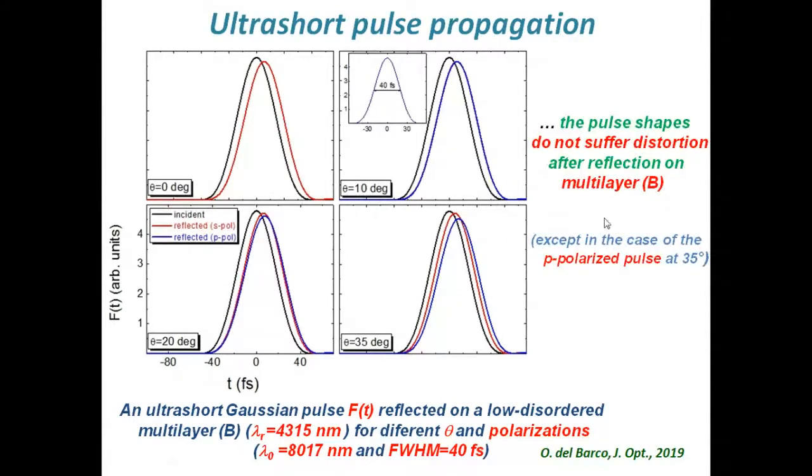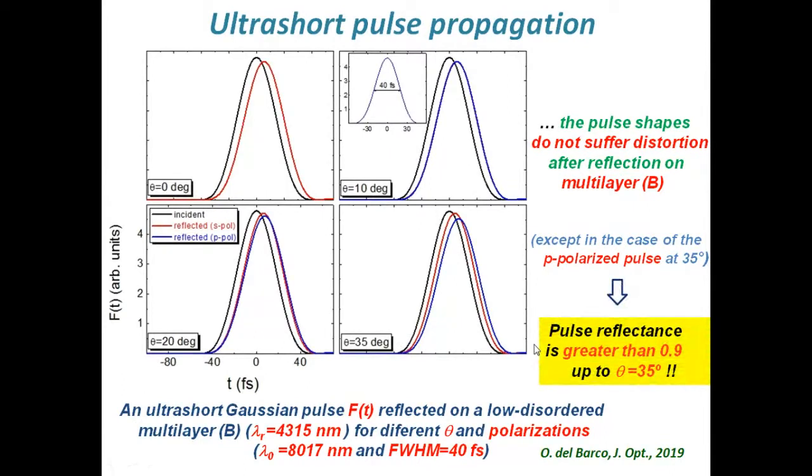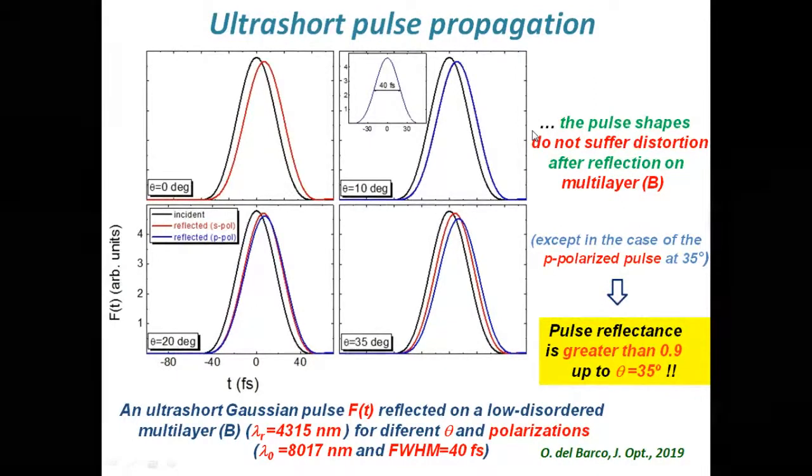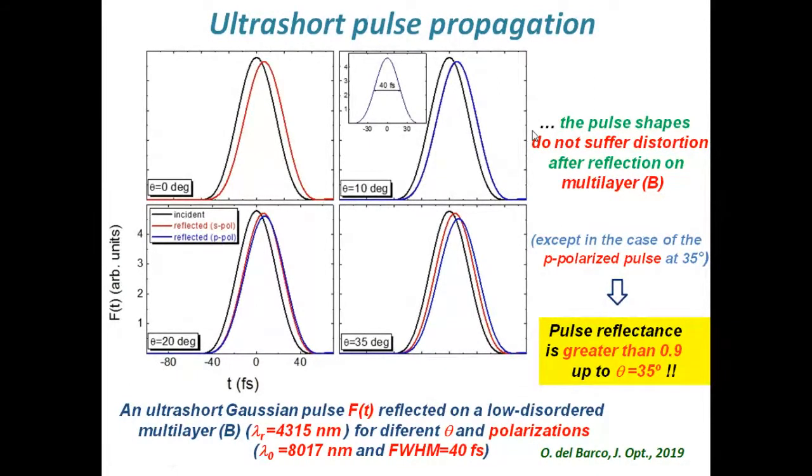But for about 40 femtoseconds, it's practically the same. It's a little broadened, but up to 35 degrees the pulse reflectance is greater than 0.9. It's a good result.